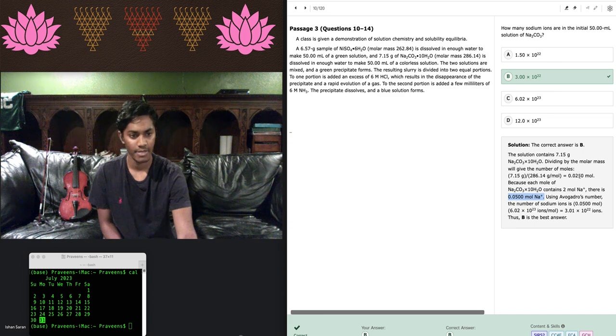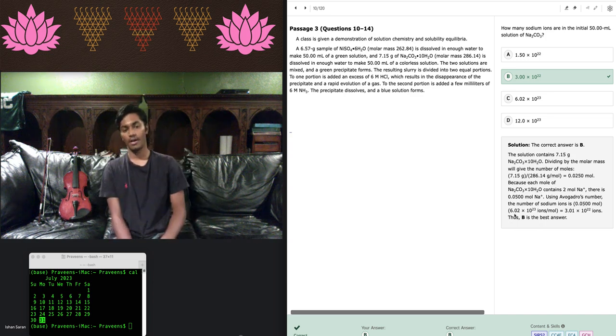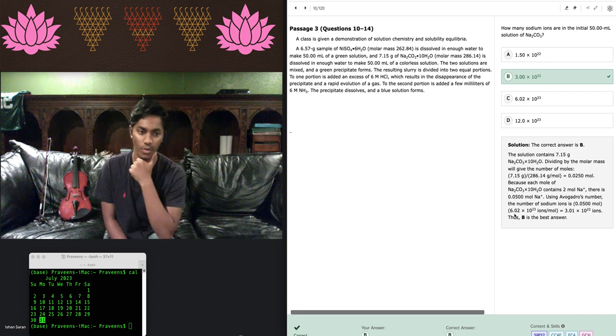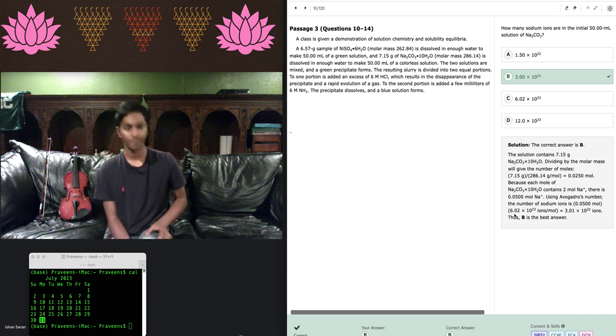And I'm just making sure that, right, multiplication can be done in any order. It's commutative. So you take that number and multiply it by Avogadro's, and we'll get roughly 3 times 10 to the 22nd ions. Cool.